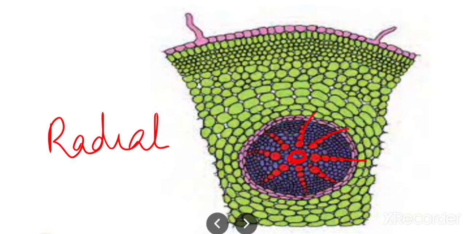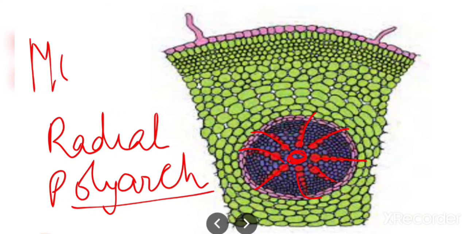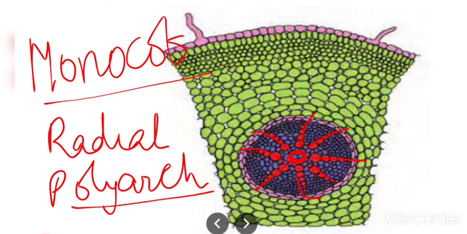It is polyarch xylem. The xylem is polyarch. So if so many xylem vessels are present, it should be a monocot root. Remember this thing. It should be a monocot root.